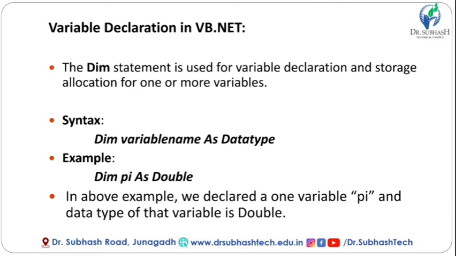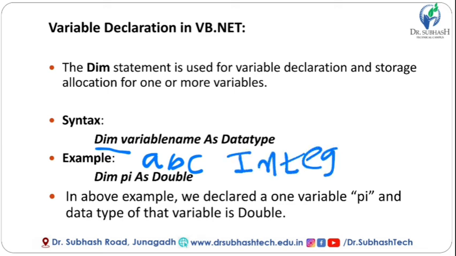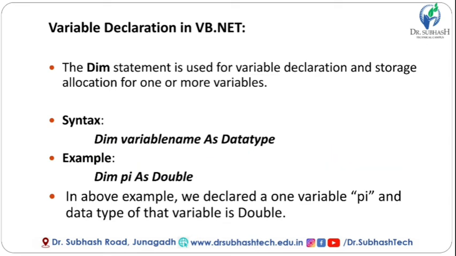First of all, the Dim statement is written, then a particular name, suppose we take A, B, C, then As data type, suppose we write Integer. This is the syntax of a variable. In the example below, it is written Dim pi As Double.